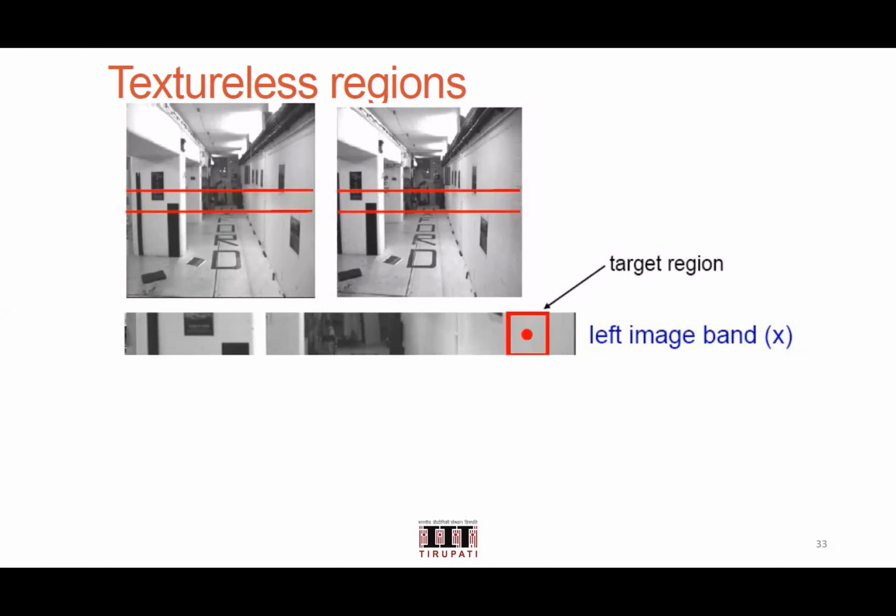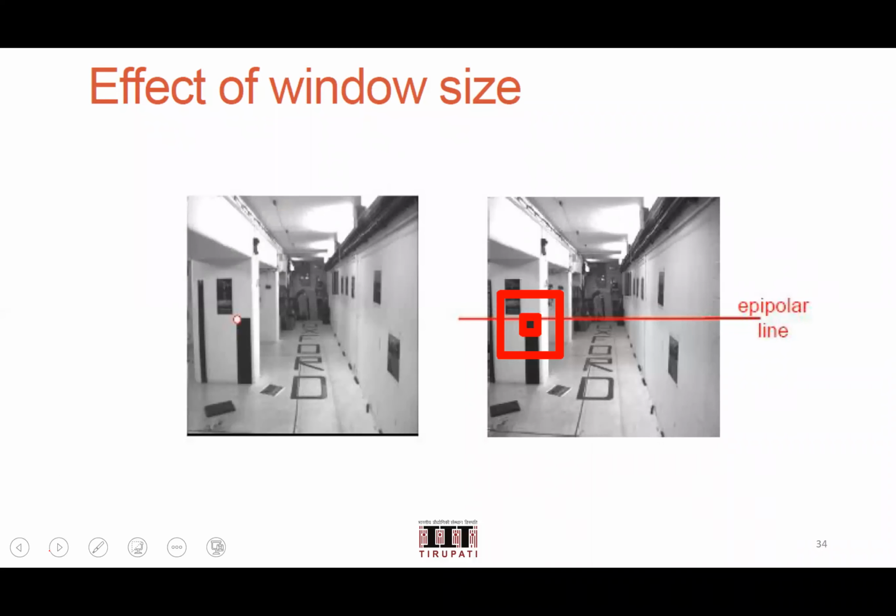I don't know why it has gone there. Any guess why it has gone there? If your region is small, then it could go there. For example, if there is no texture, then it could go wrongly. This explains things better.